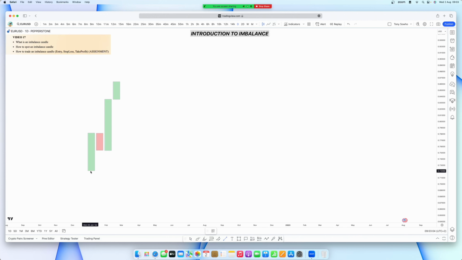So let's complete the candle formation by giving it some wicks. Now you can see that, like I said, there is buying pressure from these candles, because this has 3 very bullish candles and 1 bearish candle. So there is an imbalance already.